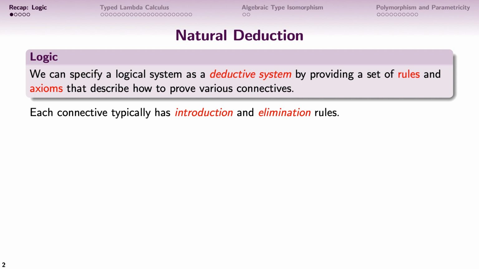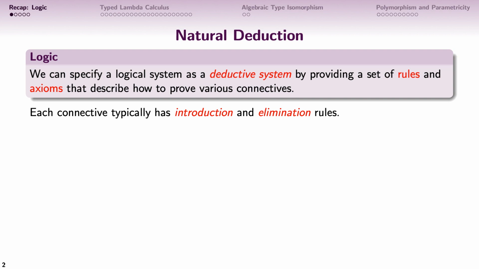And those connectives and constants each have introduction and elimination rules. So an introduction rule tells me how to prove a particular connective. So for example, in order to prove the conjunction of A and B, I must provide a proof of A and a proof of B.